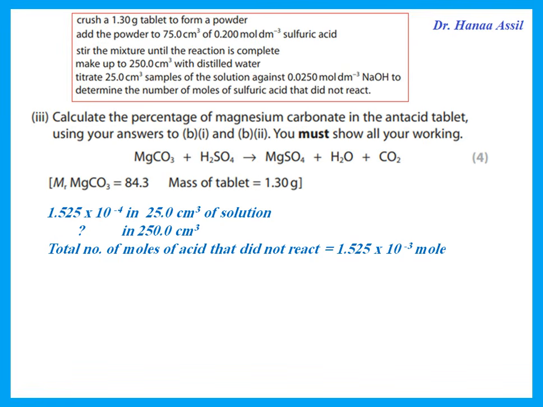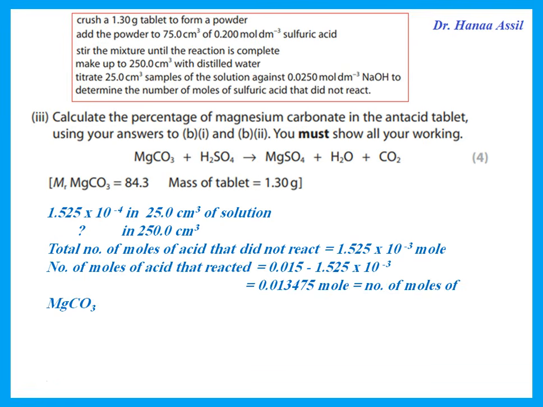So the number of moles that we calculated was the number of moles in 25 centimeter cubed of acid. But I had a total of 250. So of course the total number of moles of acid that did not react is this total number of moles.